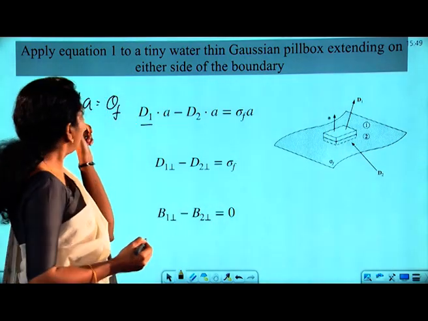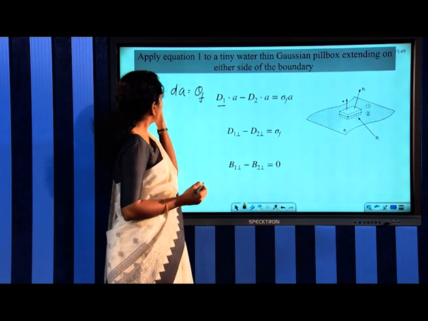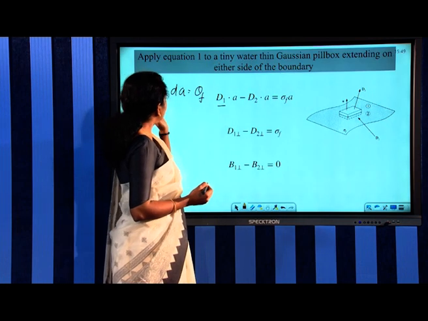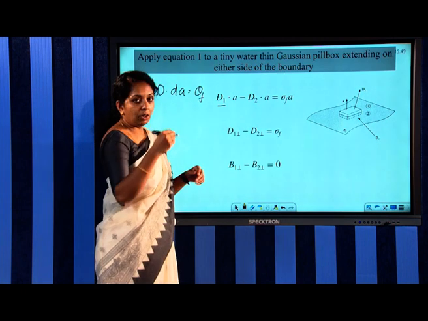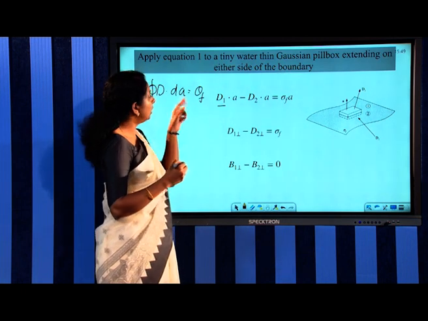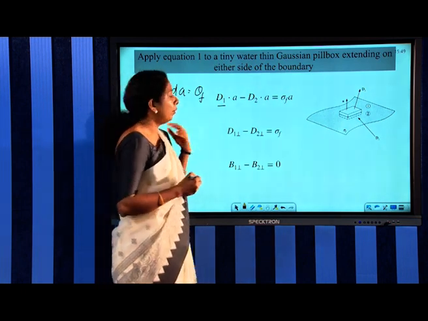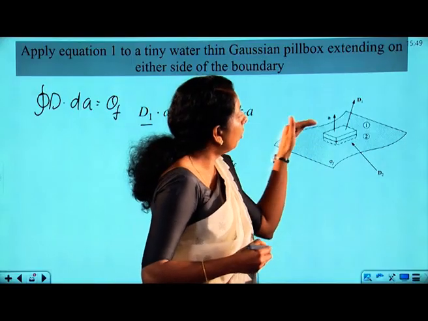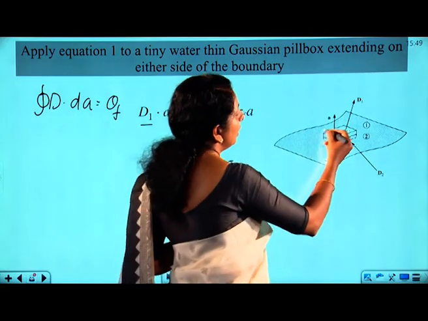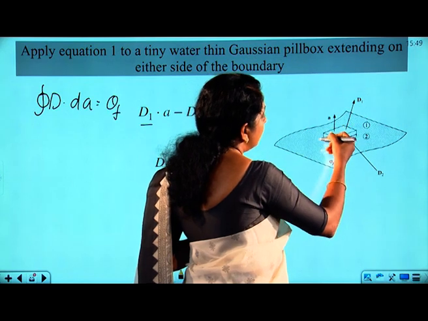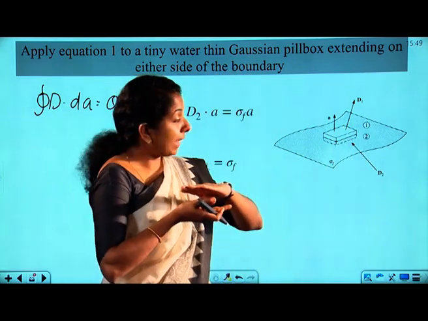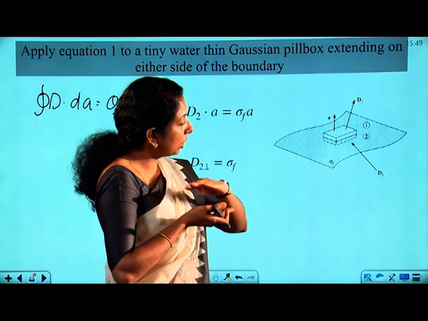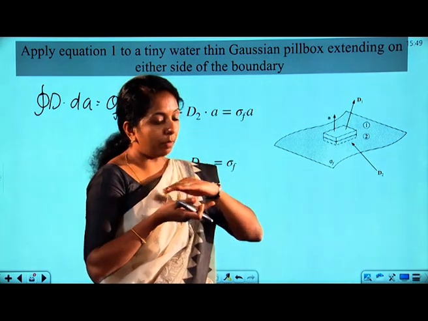In order to apply Gauss's law in matter, we need a closed surface, because it is defined as integral over closed surface D dot dA is equal to Q_f enclosed. For that we are choosing a Gaussian pillbox, just like a matchbox. Here we are extending this matchbox or Gaussian pillbox on both sides of the surface.